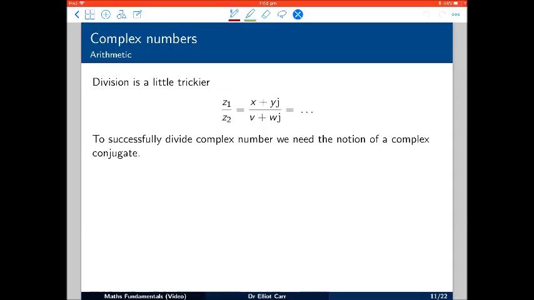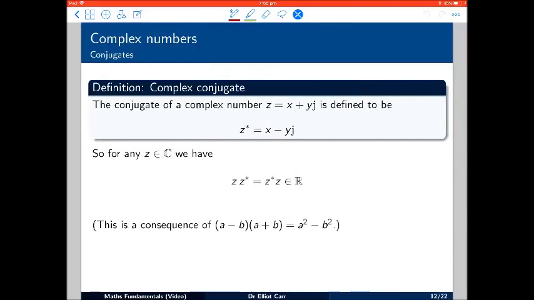Dividing two complex numbers is a little bit more tricky than multiplying. To do this, we need another tool which is known as the complex conjugate. By definition, the complex conjugate of a complex number z equals x plus yj is defined as z asterisk, the notation being raised to the power of an asterisk, and all we do is change the sign.